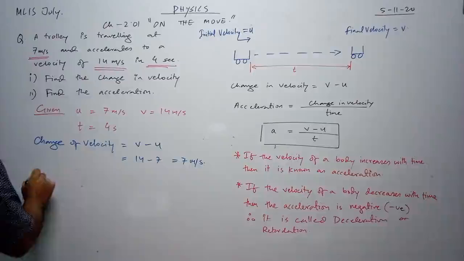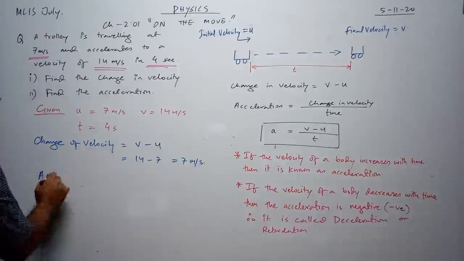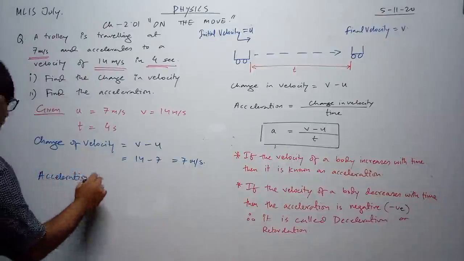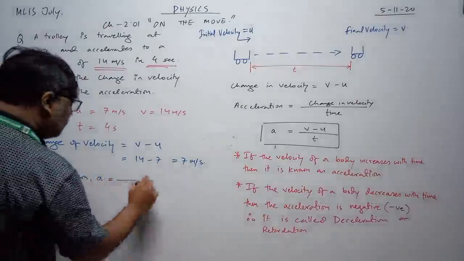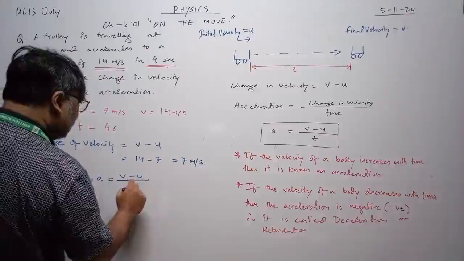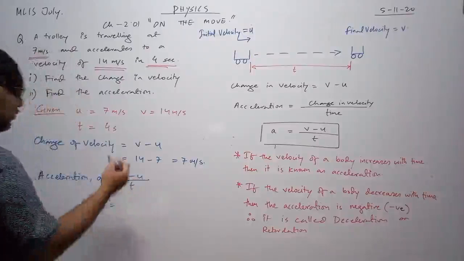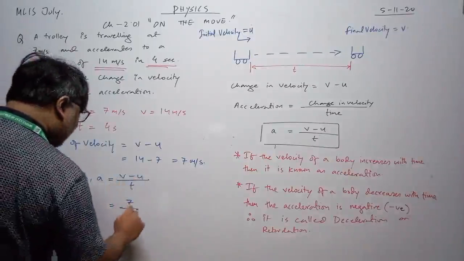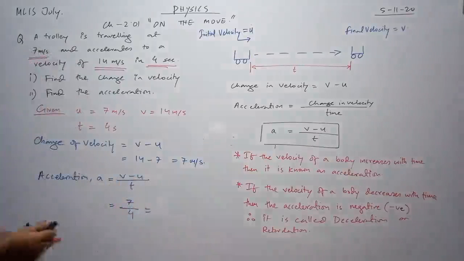And acceleration a equals v minus u by t. So v minus u, that's 7, time we said 4.